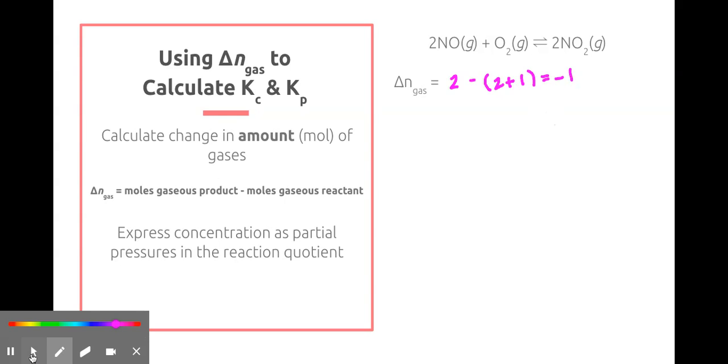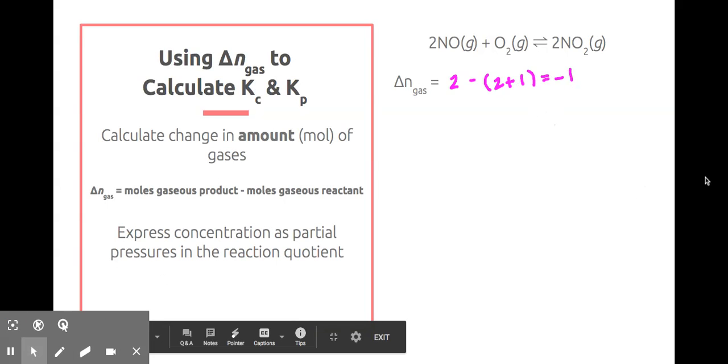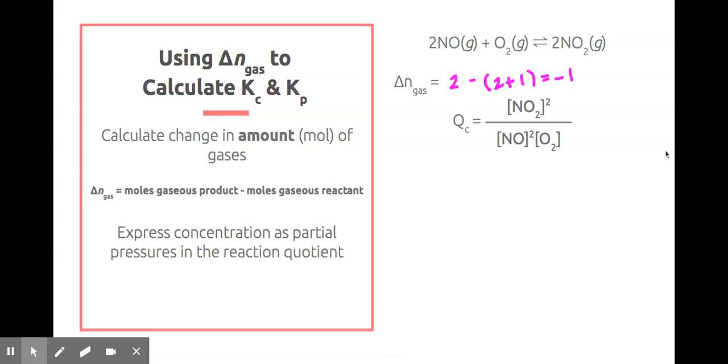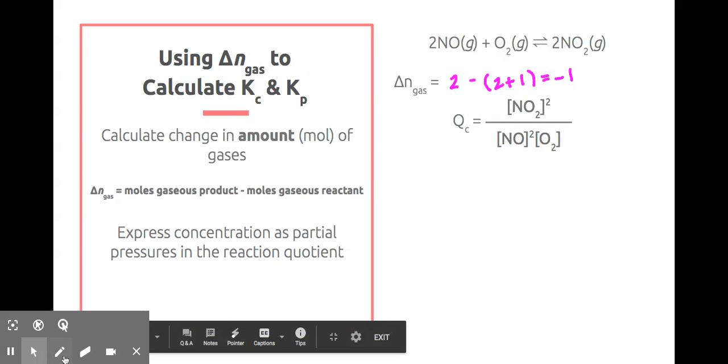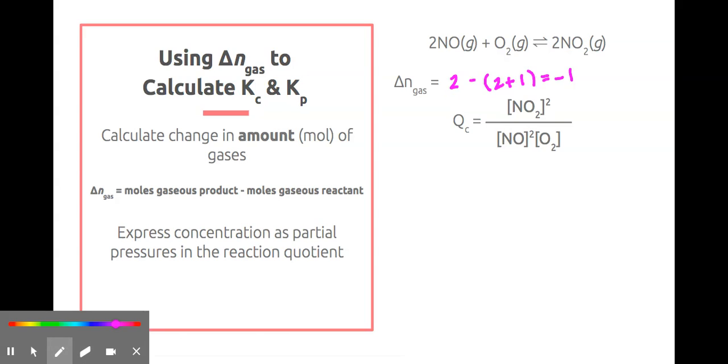Then what we're going to do is express our concentration as partial pressures in the reaction quotient. So here is our reaction quotient expressed in terms of concentration. However, we are going to use the relationship between molar concentration and partial pressures to rearrange this.